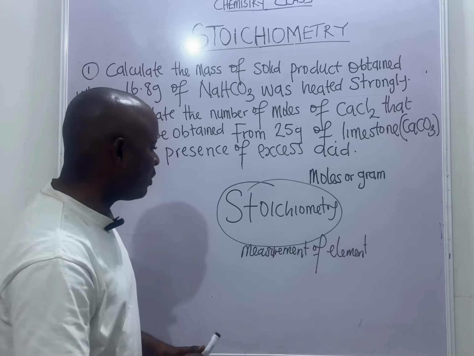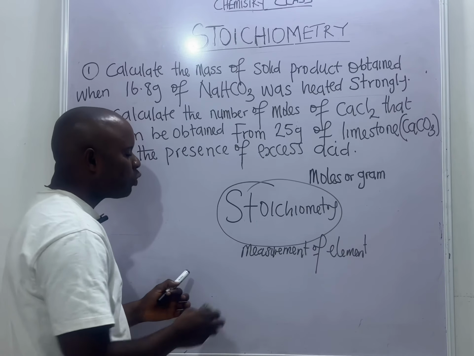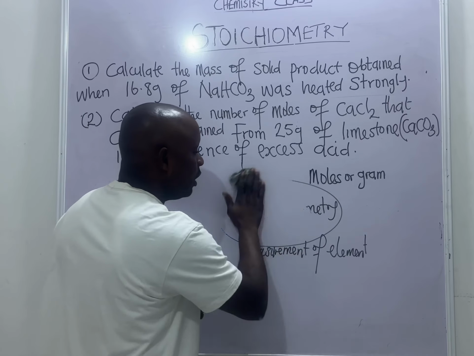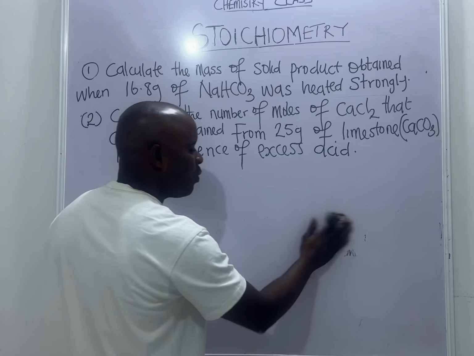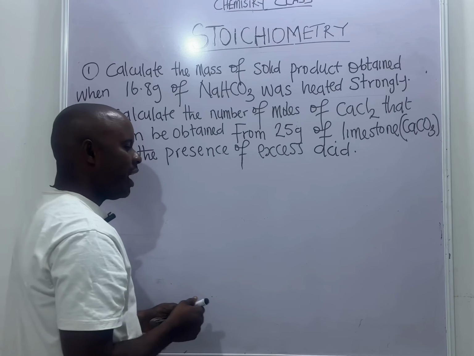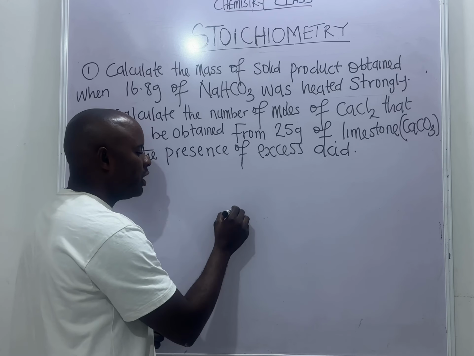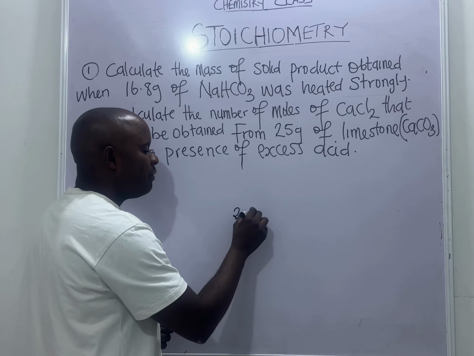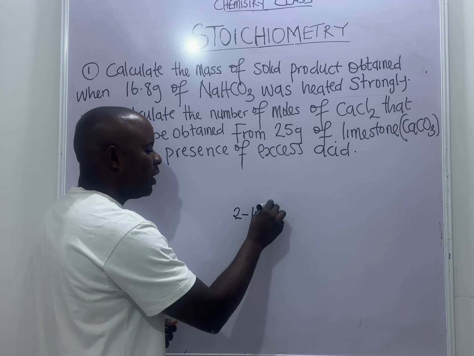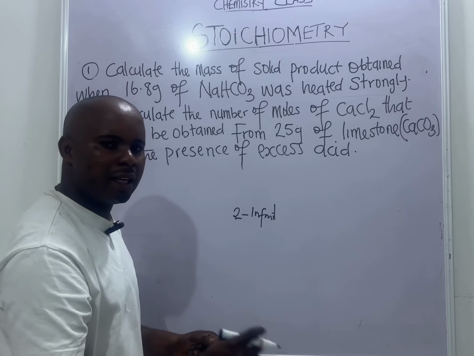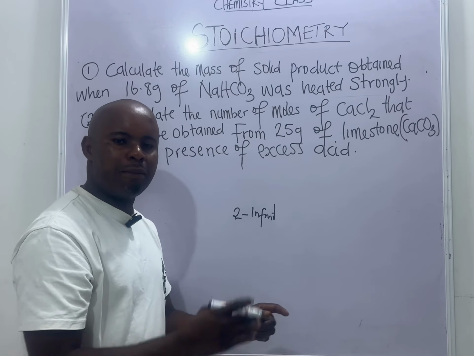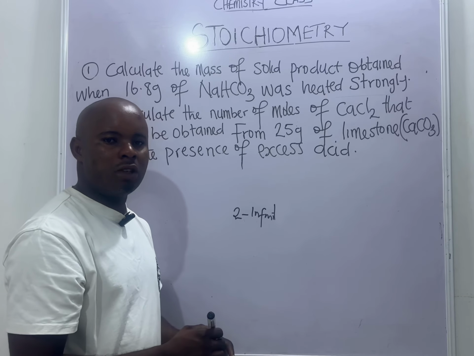So in this aspect, we are going to talk about how to balance this equation. When a given equation is written, we can balance it using coefficients from 2 to infinity, so we can insert these values into the equation to balance the molecules present in each side.